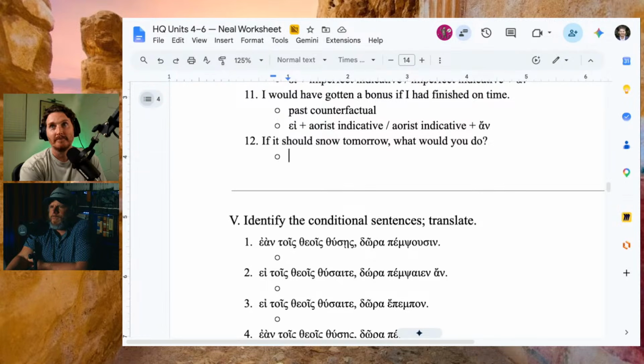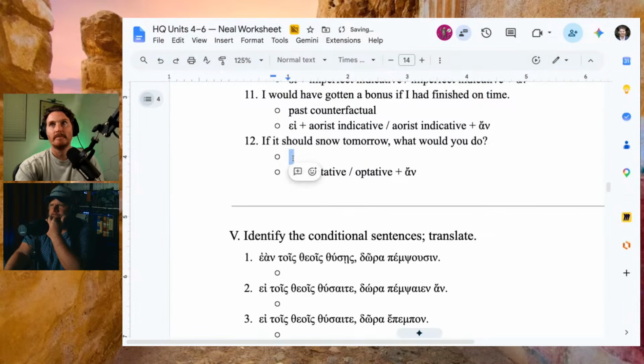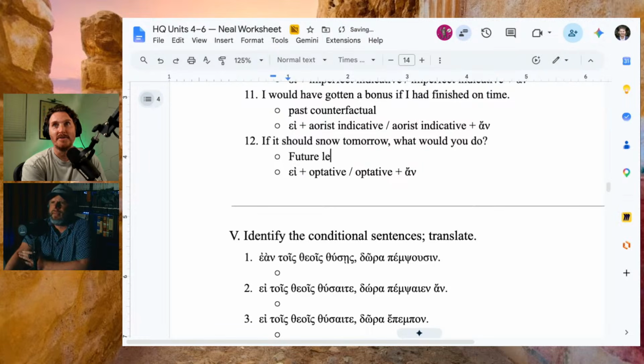So it's a plus optative, and then the apodosis is optative plus an. That's optative plus optative, future less vivid. It's just not going to happen. It's not going to snow.